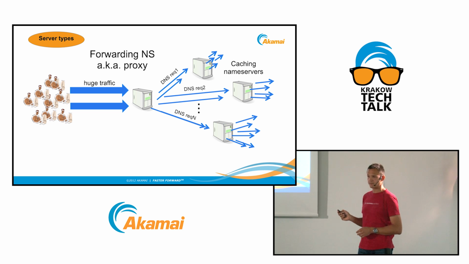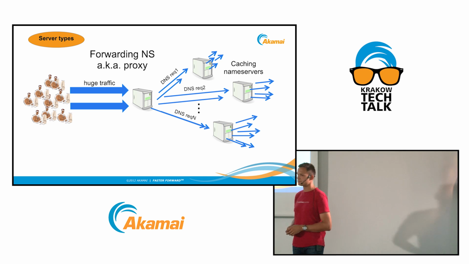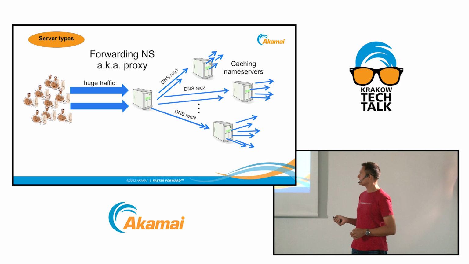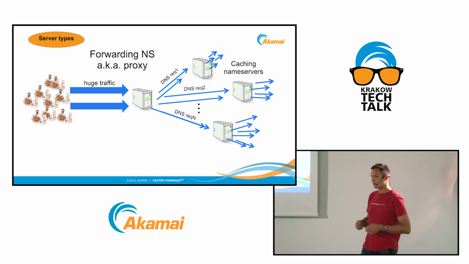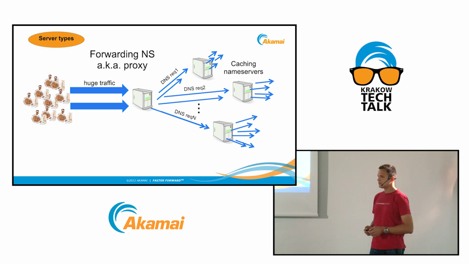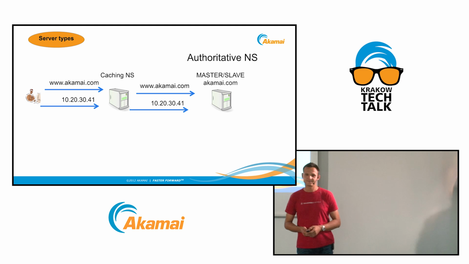He will get the response back and return it finally to our users. So you see that it saves a lot of resources on the forwarding name server. It's one way to offload a name server that is doing a lot of processing. What other types do we have?